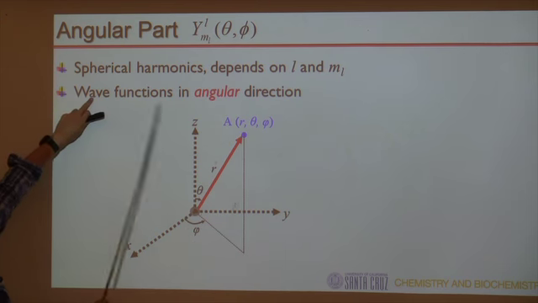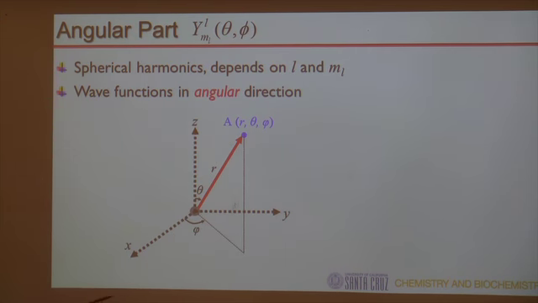So how could this wave function be derived in angular momentum? Then you need to use spherical coordinates based on this definition. So the angle theta is defined as this one in spherical coordinates.